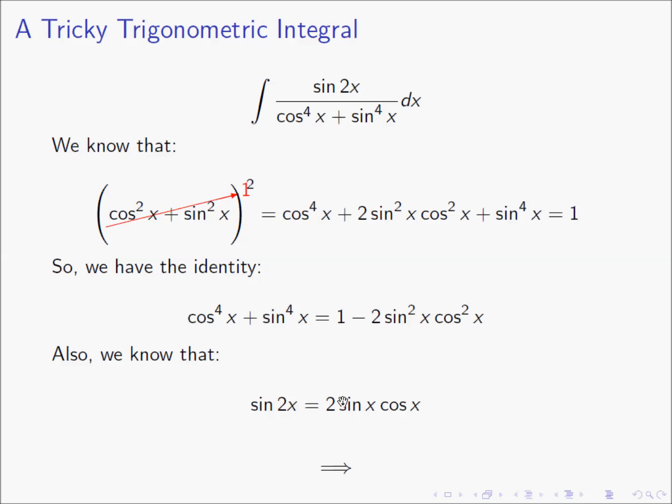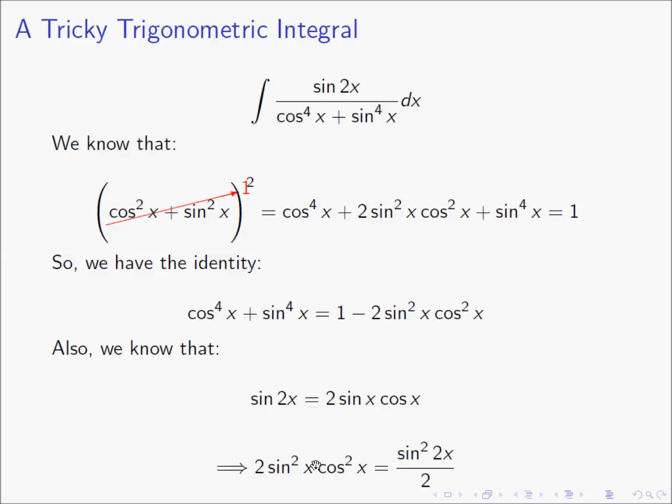So this expression is very similar to that one. We get that 2 sine squared of x times cosine squared of x is sine squared of 2x over 2, because sine squared of 2x will have a number 4 times sine squared times cosine squared. So we divide by 2.